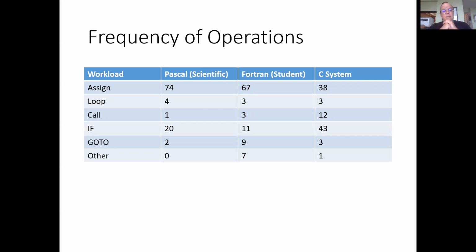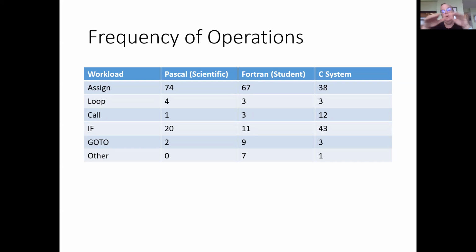Okay, hey, Pascal, they still have the go-to, and 0 other. Fortran for student programs. Again, assignment statements take up the bulk. Conditionals, 11%. A lot more go-tos with the student Fortran programs, obviously, and other. Wonder what other is. Takes up 7%.